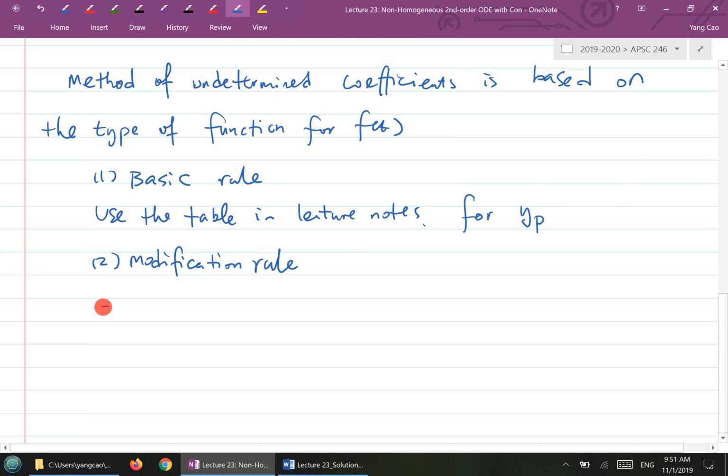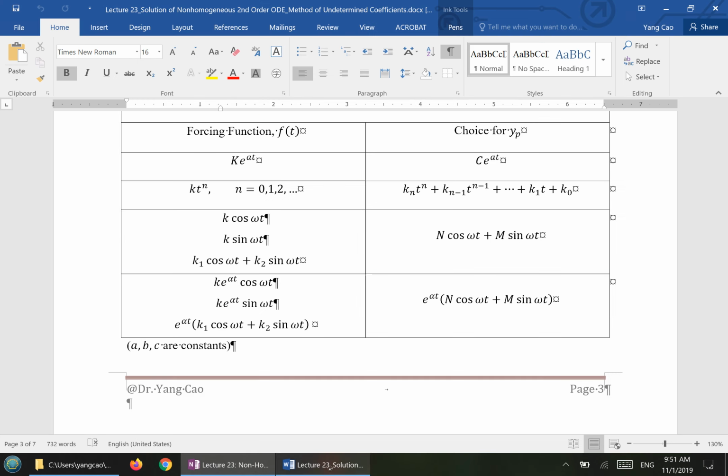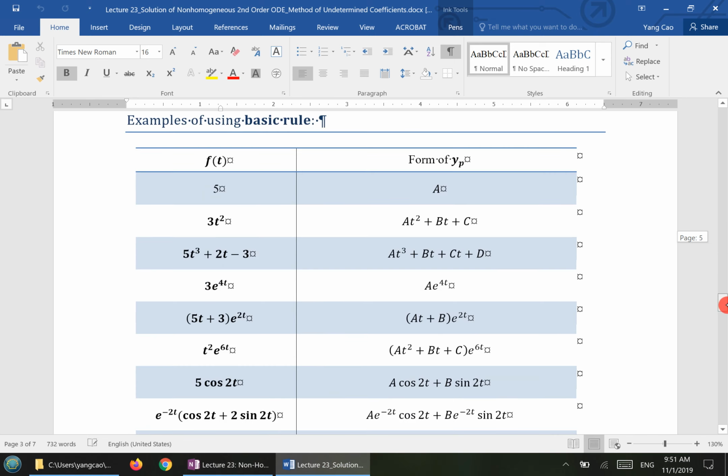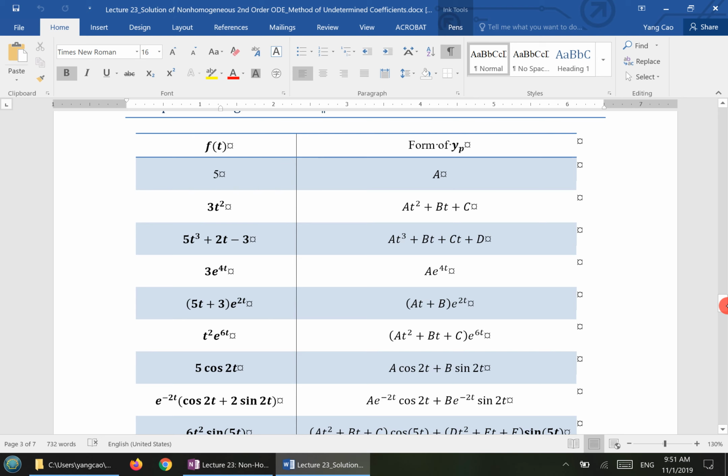And the third rule is called the summation rule, the sum rule. This one is actually not too bad to understand, and that's on the back of the handout, the other side of the handout. Take a look at the type of input to the system, the system input f of t. Some of them are not just one single type.